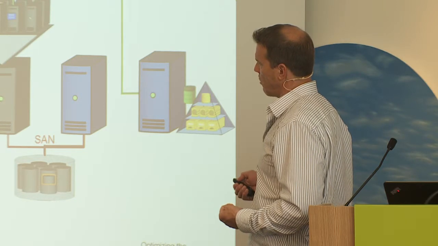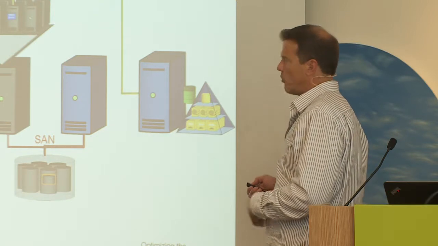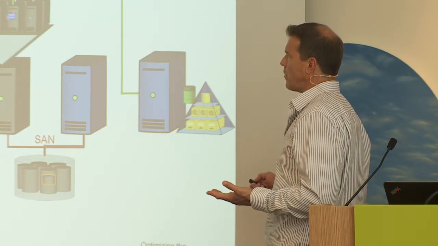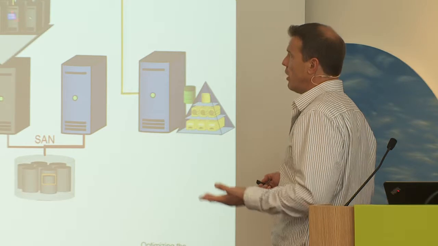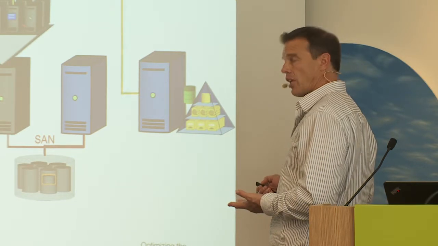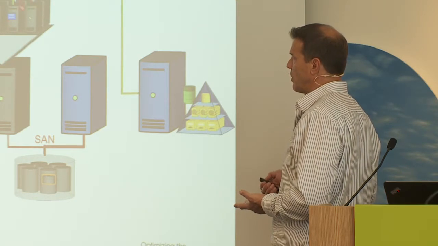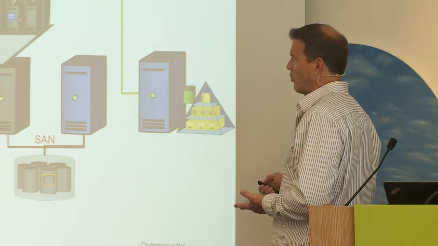Now, you bring your application up right away. If the application reads a block that's already been recovered, it just reads it. If it's writing a block, it just writes it. The funny situation is if it reads a block that hasn't been recovered, our code will queue that up to the top, and that'll be the first block recovered.